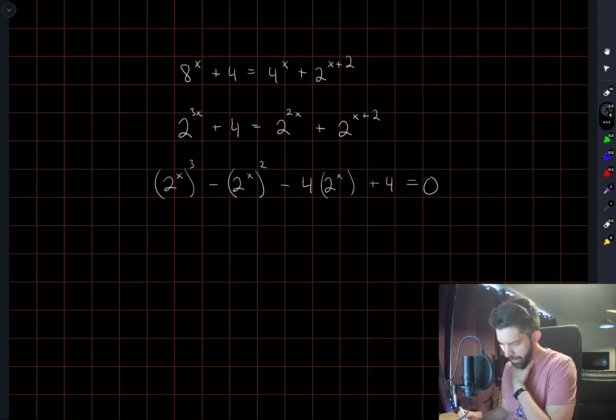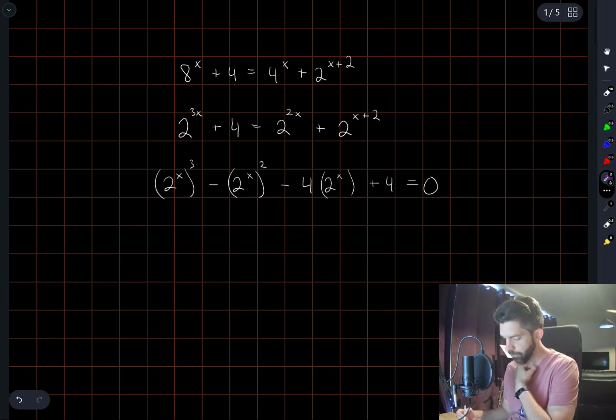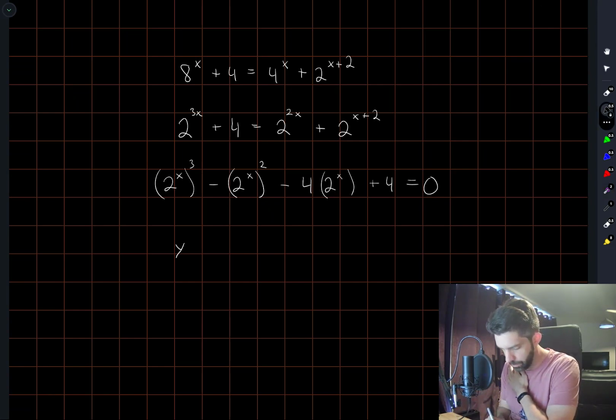So I've just rearranged what we had in the line above, and we see now that this is a cubic equation with respect to 2 to the x. So we've got to figure out how many roots this equation has. Let me write this as y cubed minus y squared minus 4y plus 4. Let's find out how many roots that has.